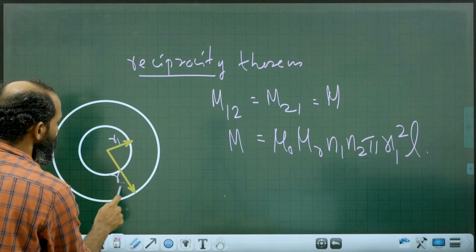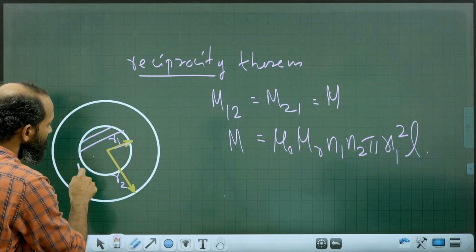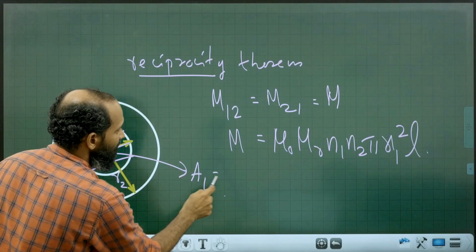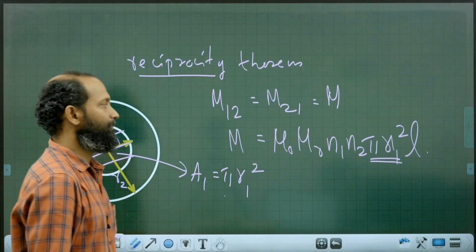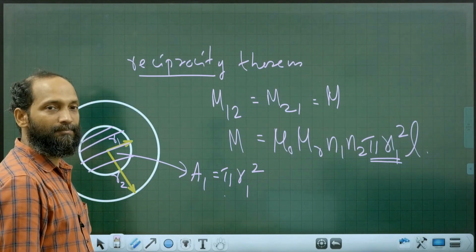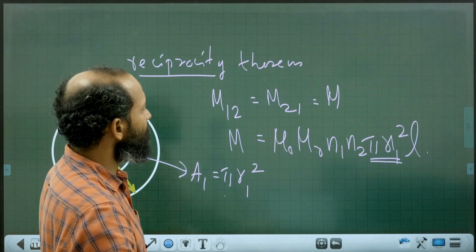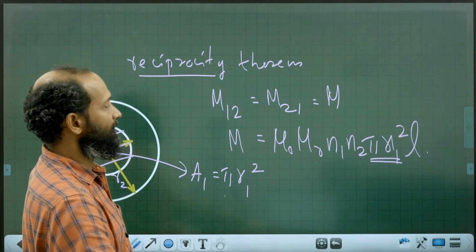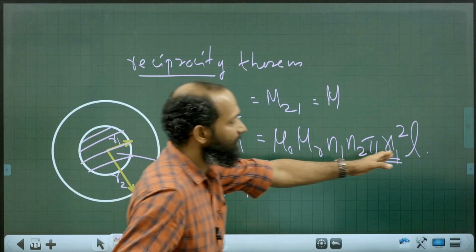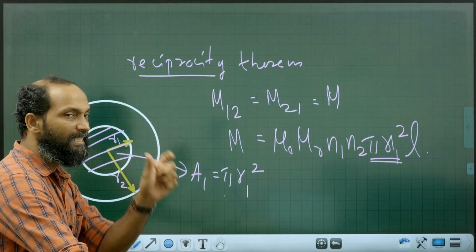R1 is that of the inner coil, where we have to take the common area A1. A1 is nothing but pi R1 square. That part is very important. Notice it. N1 and N2 are the number of turns per unit length for each of the coils. But pi R1 square, or area A1, chosen area should be the common area or the area of the inner coil.